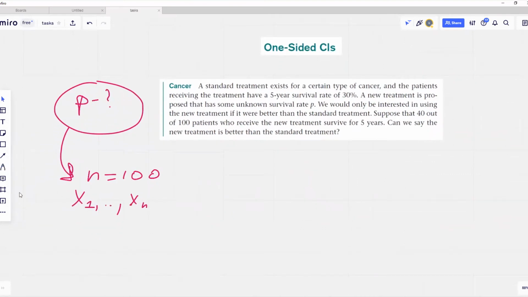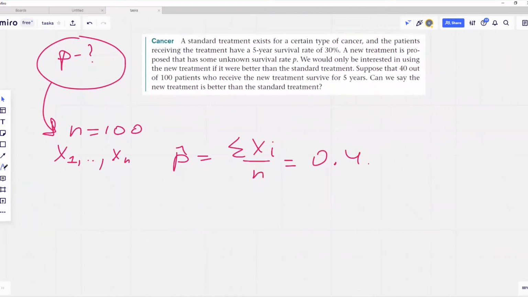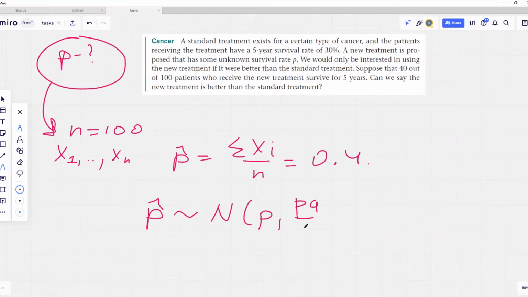And then we find that P hat, which is equal to the sum of x's over n, is equal to 0.4. Now, if n is large enough, in our case n is large enough, then we can say that P hat follows normal distribution with mean of P and variance of PQ over n.